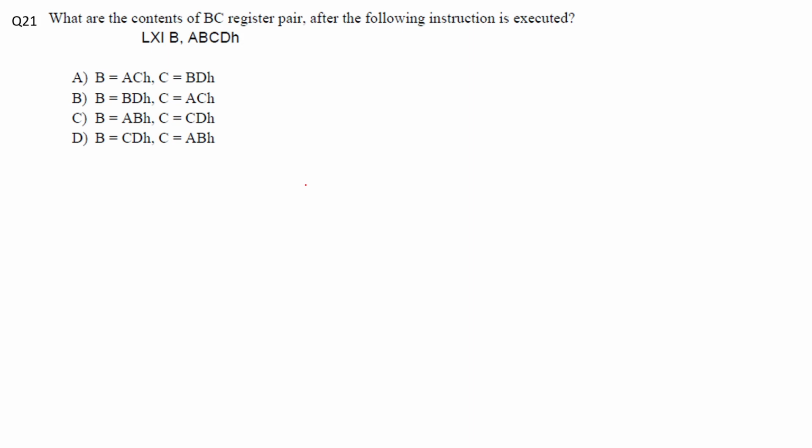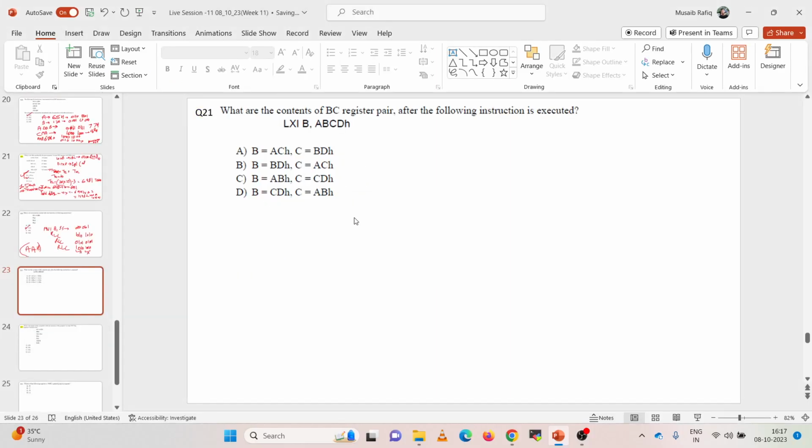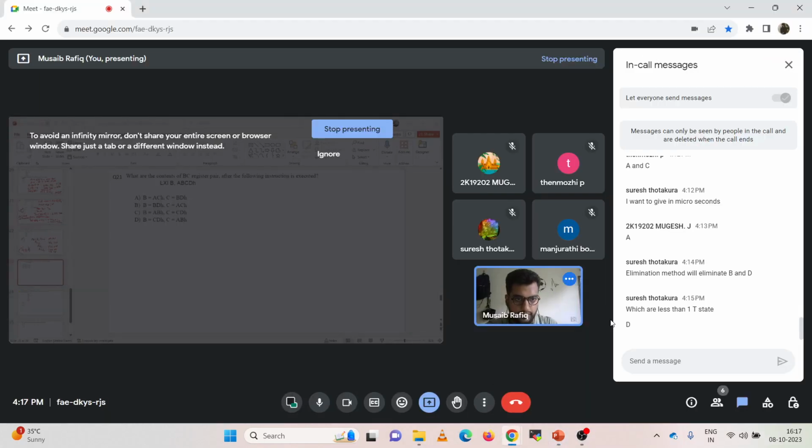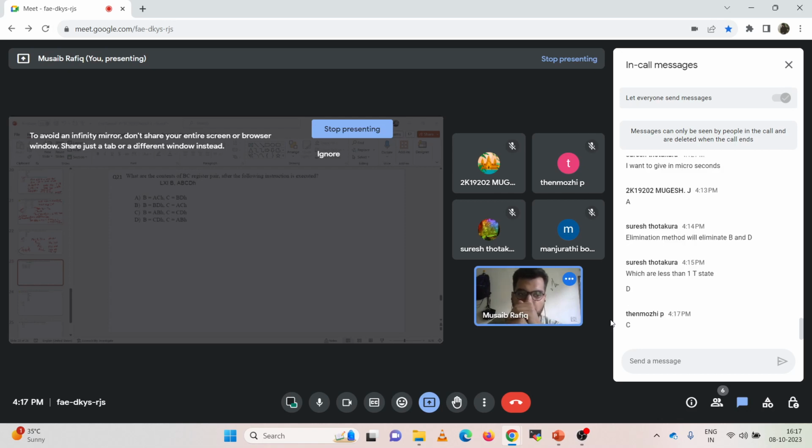Then what are the contents of the BC register pair after the following instruction is executed? LXI B, ABCDH. Anyone? What are the contents of the BC register pair?